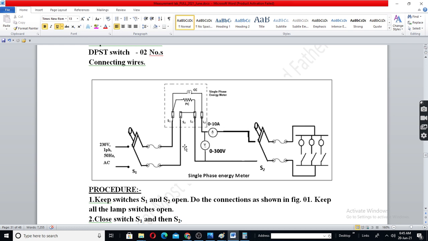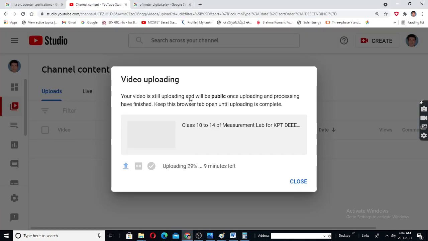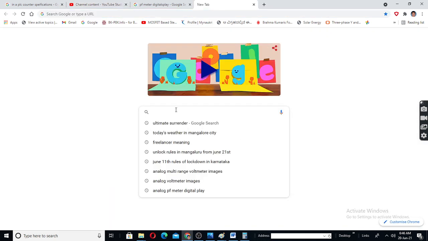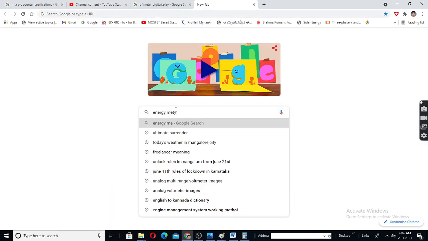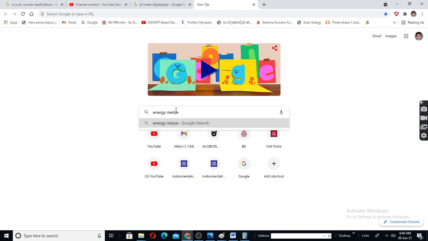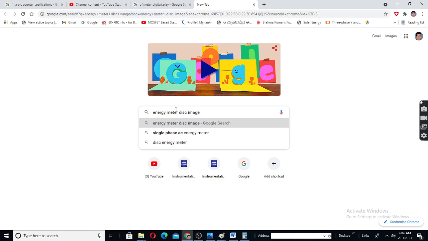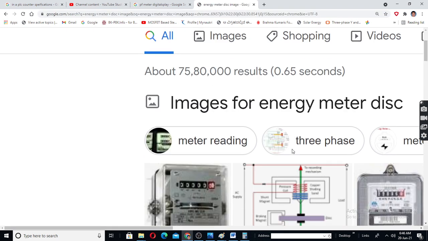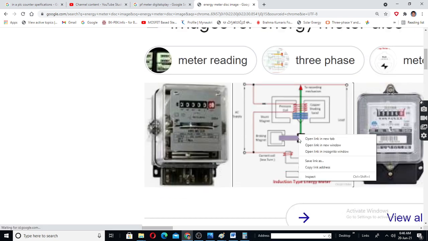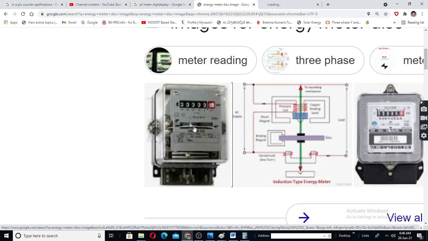Now, the energy meter will have a disk. Not digital, analog type meters will have disks.